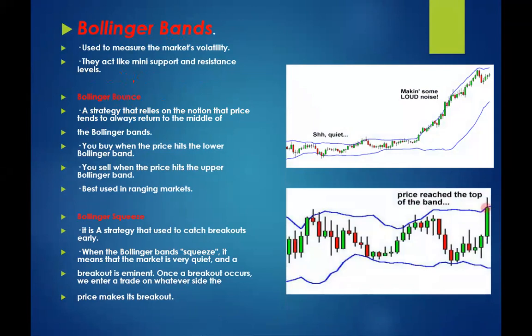We have indicators. Some indicators help you to see the strength and the weakness of the market, and some indicators help you to view when the market is about to change. So today on this Bollinger Band, we are going to be discussing it and explaining it better.